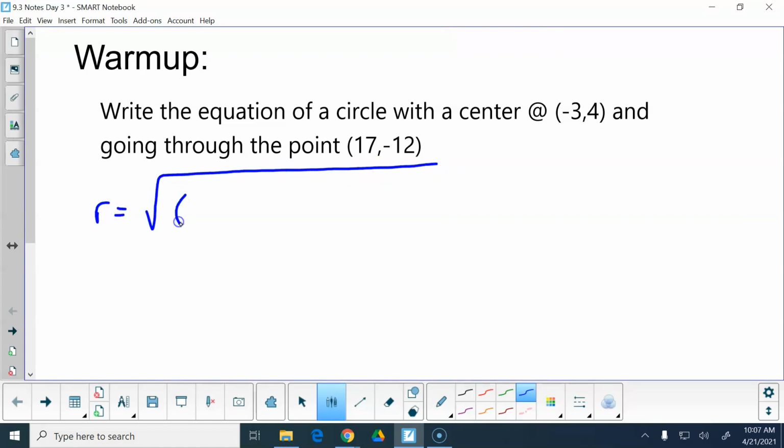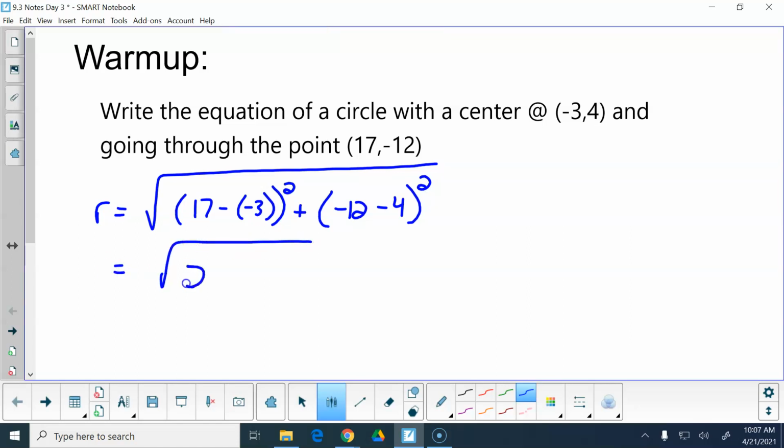So we subtract the x parts, square it, subtract the y parts, square it, and add them together. So 17 minus -3 is like 17 plus 3, that's 20. -12 minus 4 is -16.